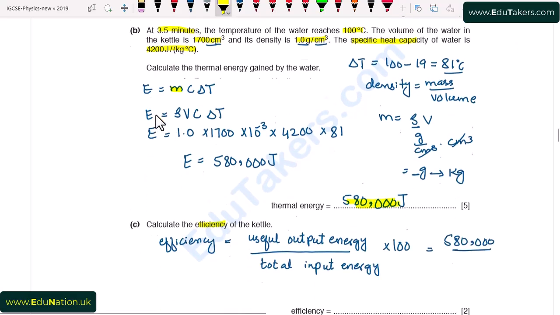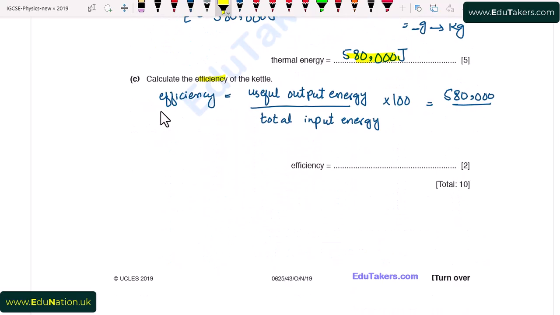So I write here 630,000 joule multiply by 100. So efficiency comes to be 92%. I write here efficiency is equal to 92%.